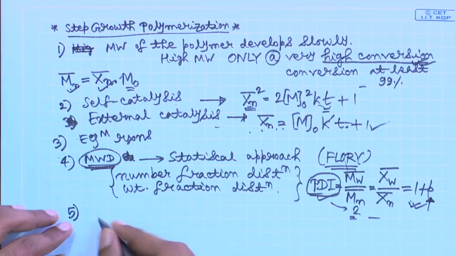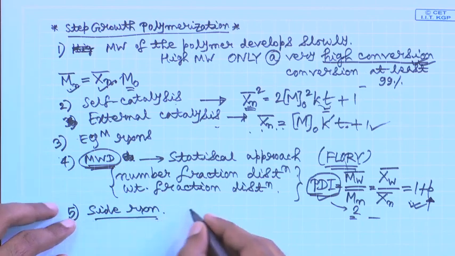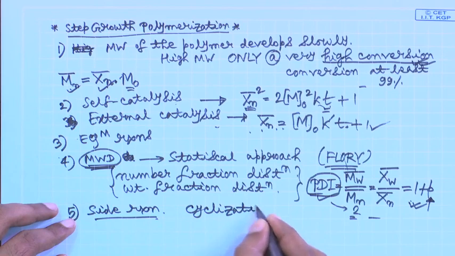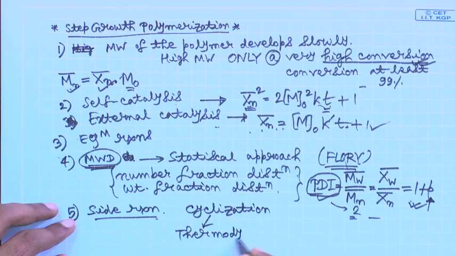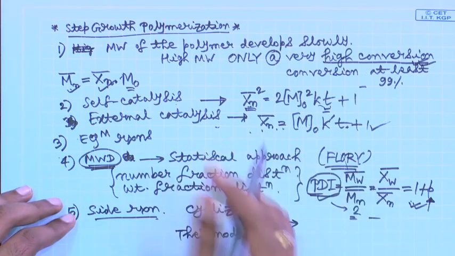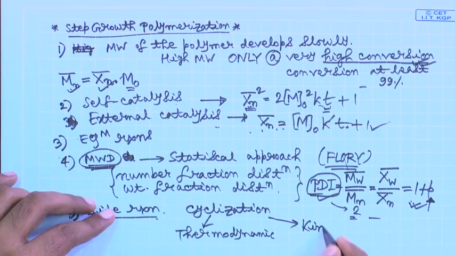Next, we also discussed a very important side reaction for step polymerizations, which is cyclization reaction, and we discussed the thermodynamic versus kinetic factors. So, certain ring sizes will be thermodynamically more stable. So, there will be more chance to form those rings and stop the polymerization prematurely if you look at the thermodynamics, but also you have to look at kinetics.